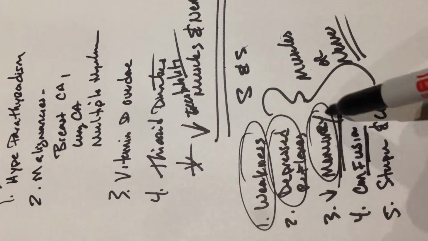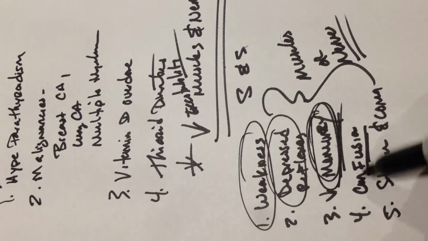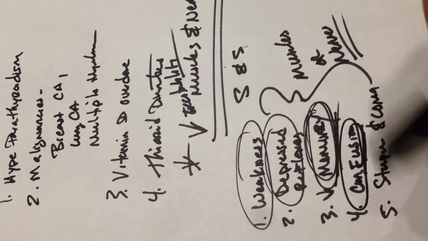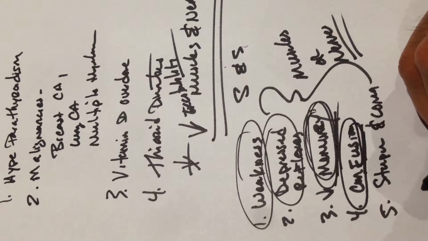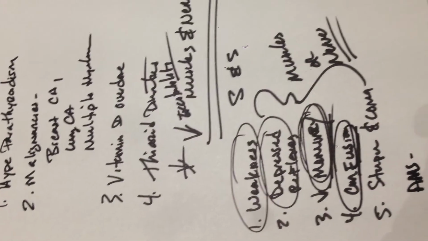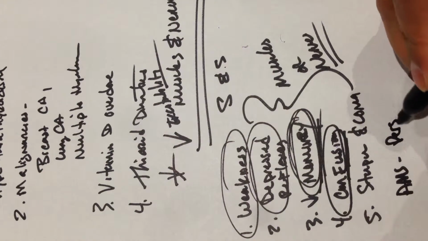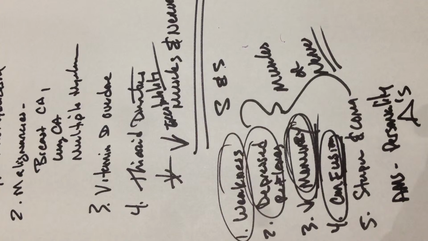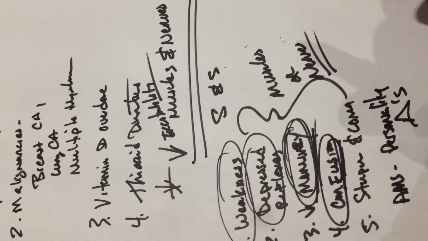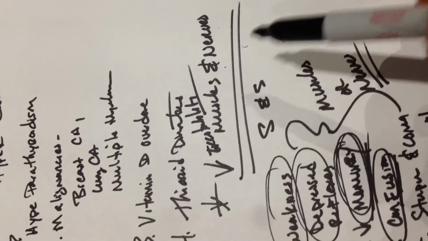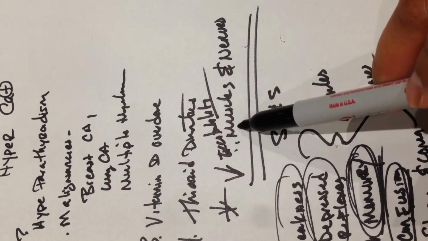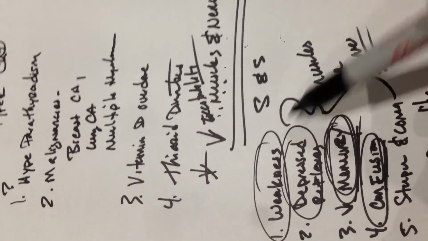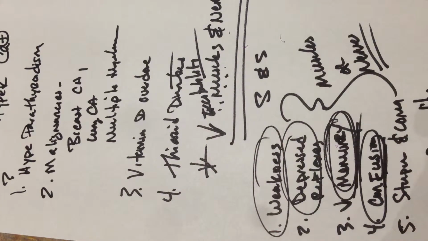Along with impaired memory and confusion, you also have AMS, altered mental status, and personality changes. So make sure you understand this concept of decreased excitability of muscles and nerves, and that will explain a lot of your signs and symptoms.